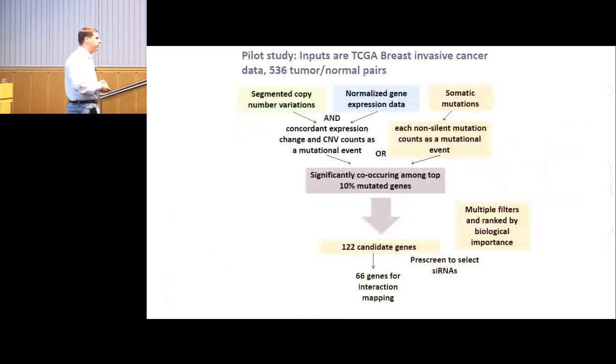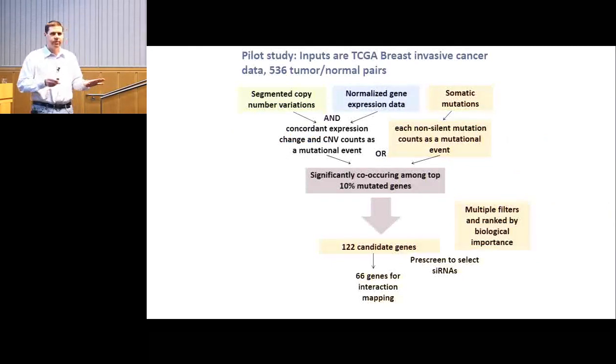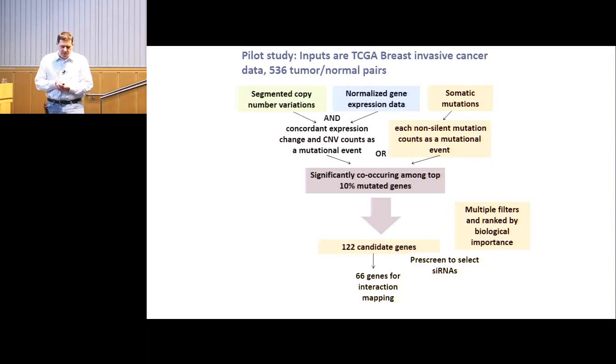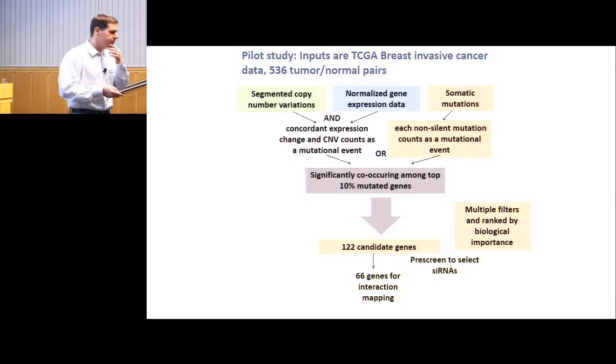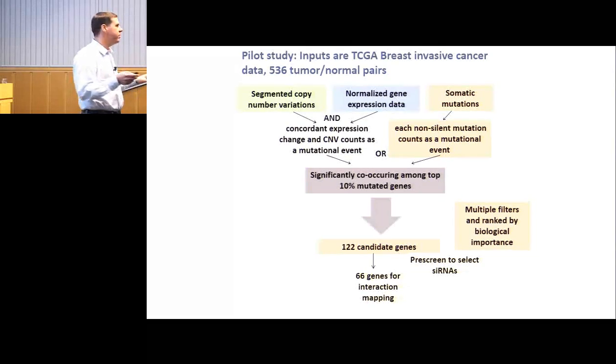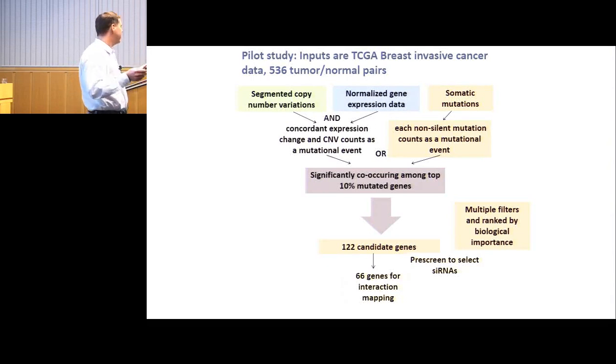Okay, so now I'm going to bring us back into how we're using this resource to study genetic interactions. So we wanted to see what kind of computes we could do over these kinds of data to make new discoveries. Because you've got all of these different complex pathways, complex interactions among genes happening during cancer progression, and we know that, but we don't really know what the matrix of those complex interactions might look like.